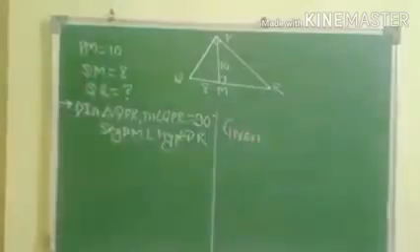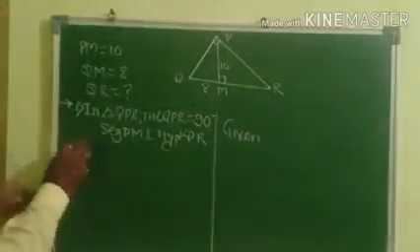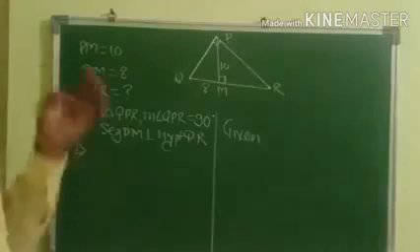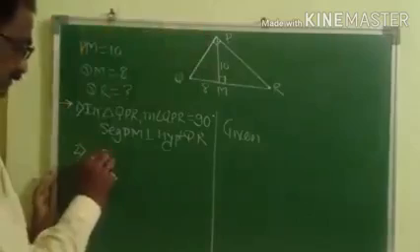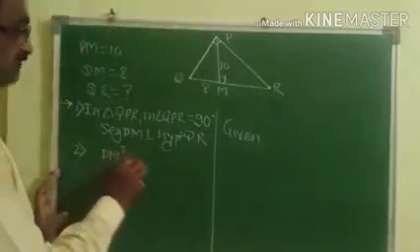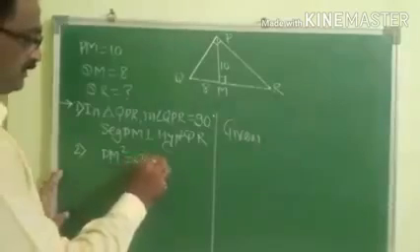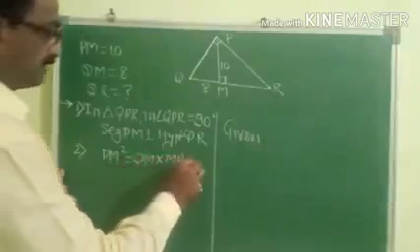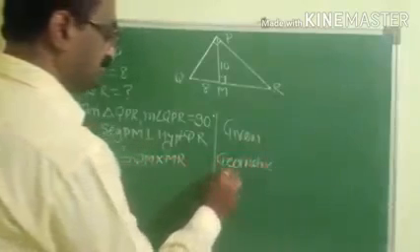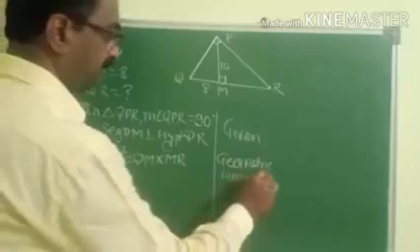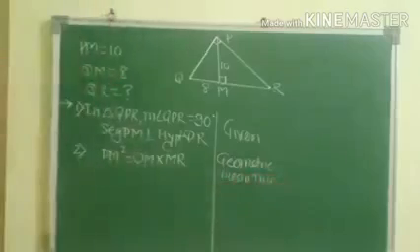Then according to the geometric mean theorem, PM square is equal to QM into MR. Just substitute the values.